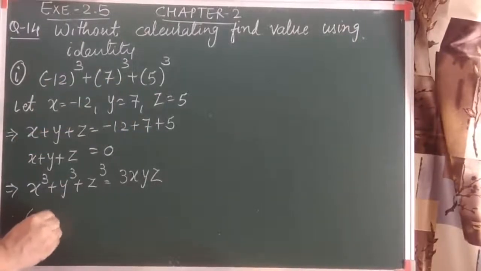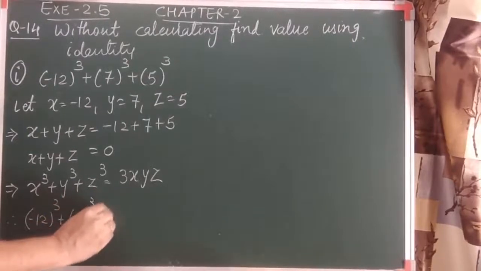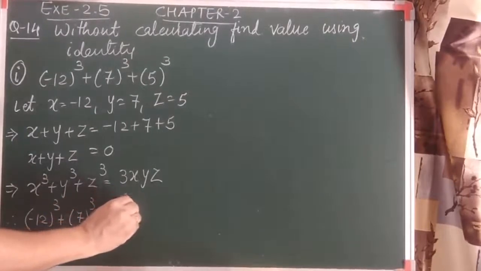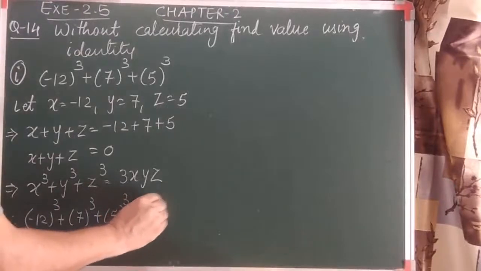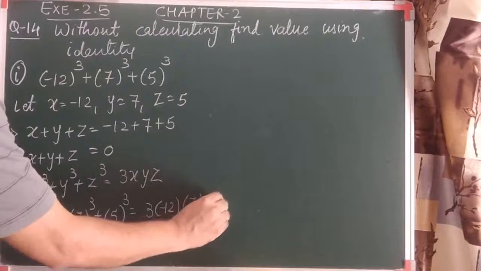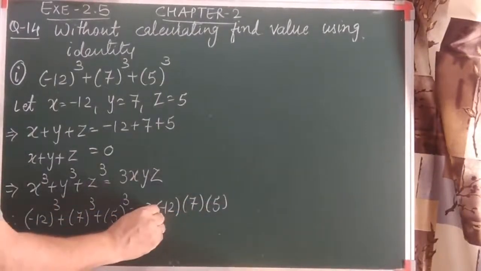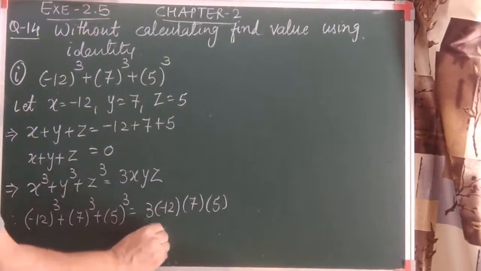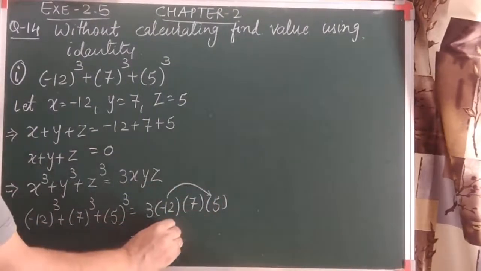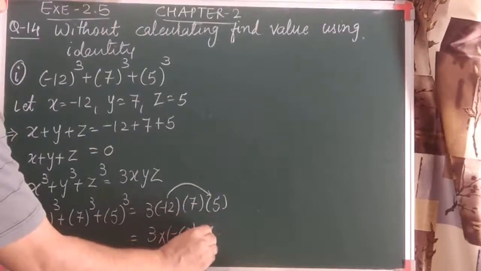X as minus 12, y as 7 and z as 5. So let us substitute these values. So 3 times x is minus 12, y is 7 and z is 5. So nothing, we just have to do the product. Let's keep the 7 as it is. I'll do the product of these 2, that is minus 60, and this 7 as it is.